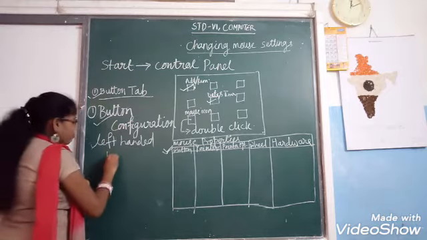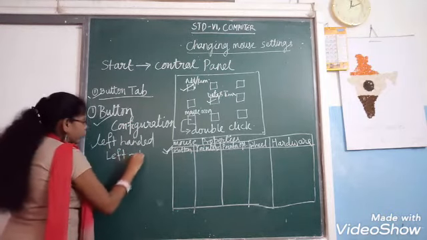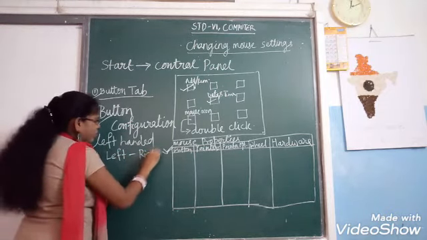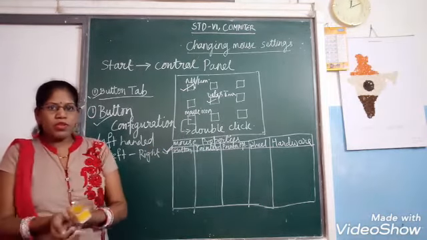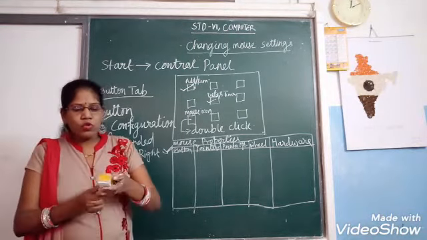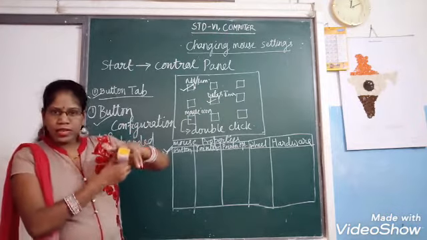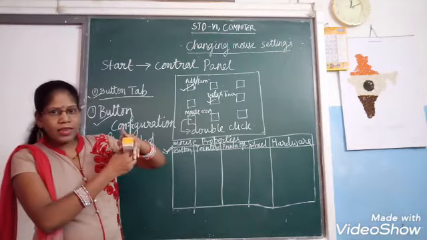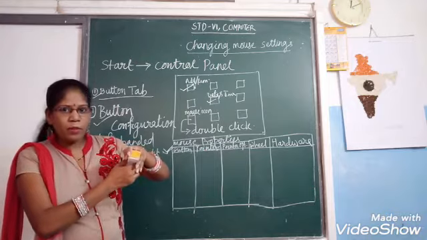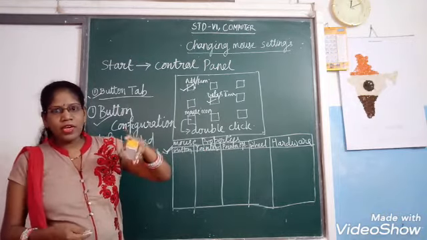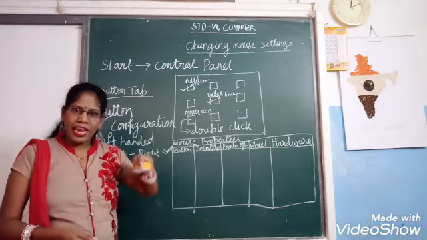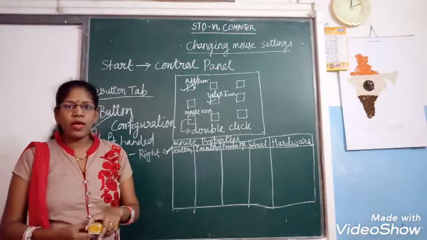Your left button will be changed to right button. So a left-handed person can easily catch the mouse in the left hand, and this one will become the active primary function. So easily he or she can click on this, drag, select and do the work.